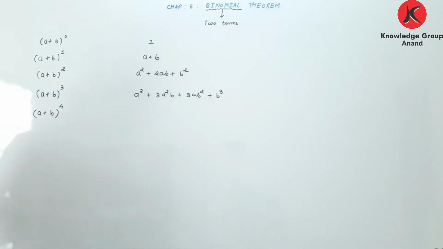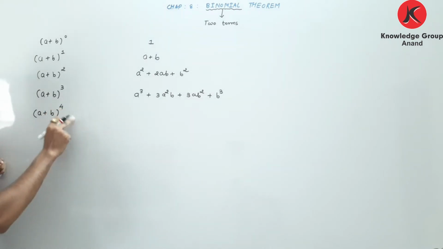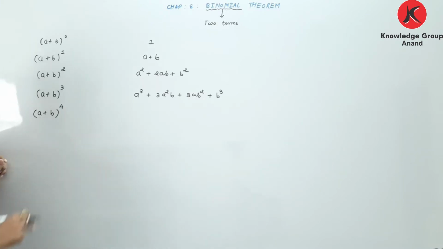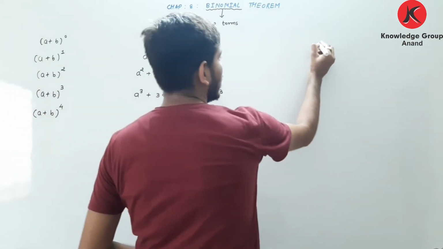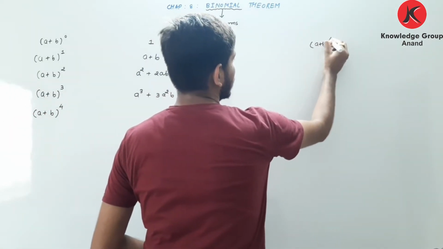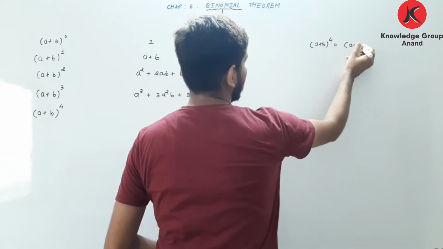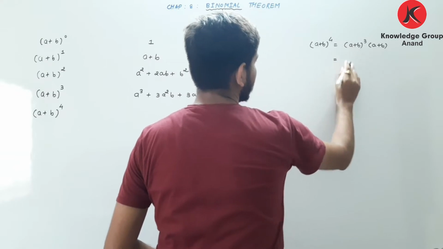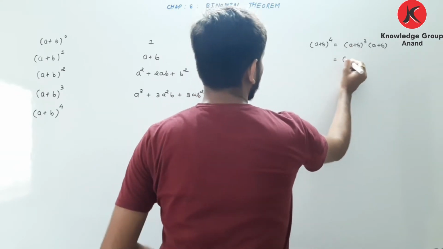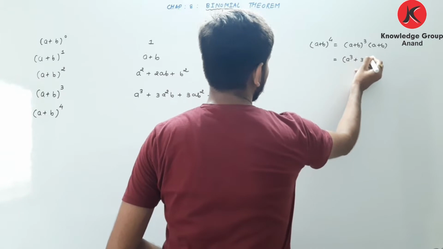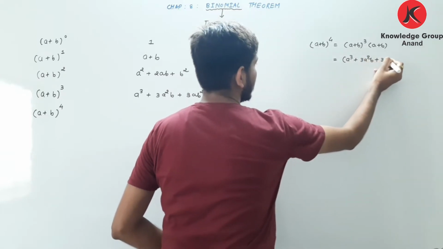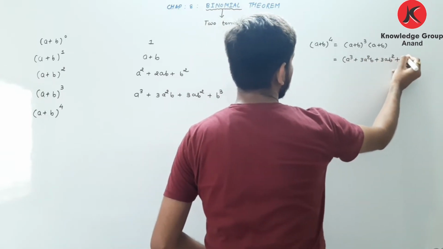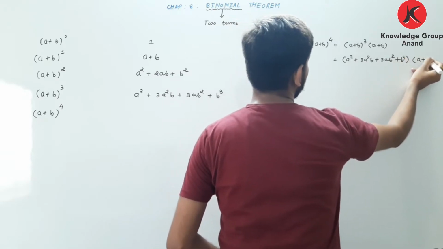Therefore, for obtaining a plus b whole raised to 4, you have to evaluate a plus b whole cube into a plus b. If you expand this, you know it: a cube plus 3a square b plus 3ab square plus b cube, into a plus b.